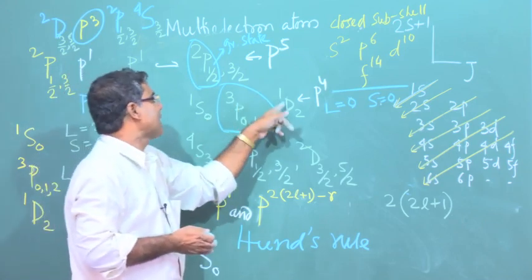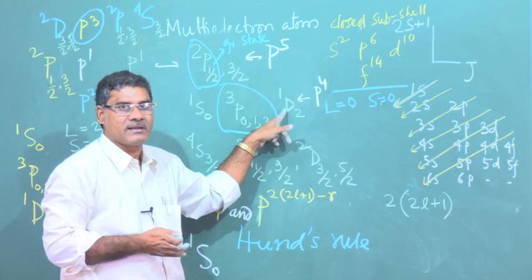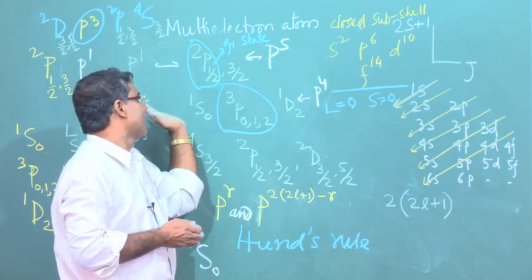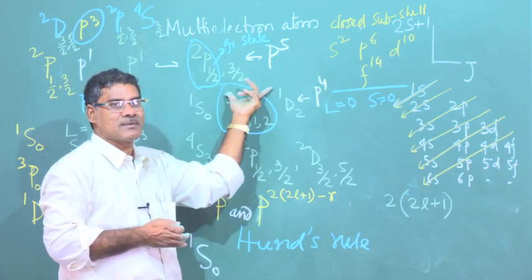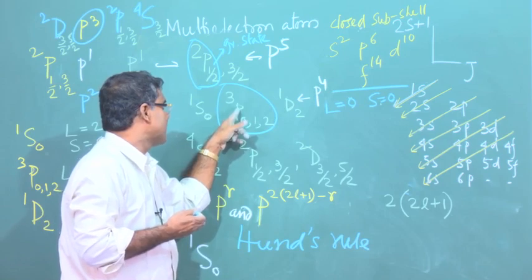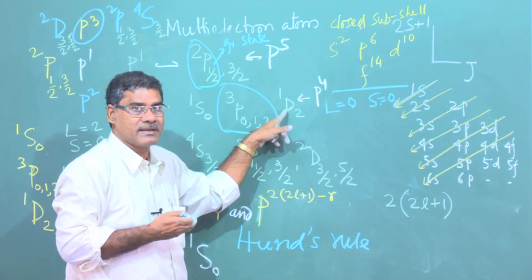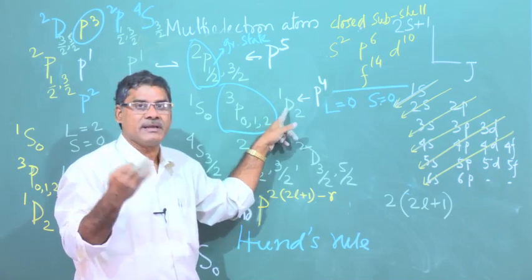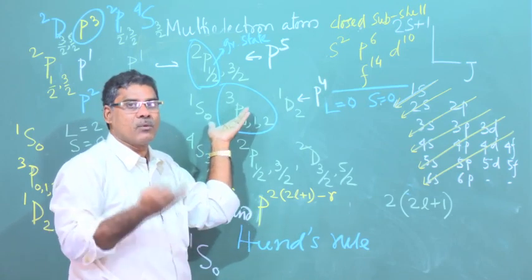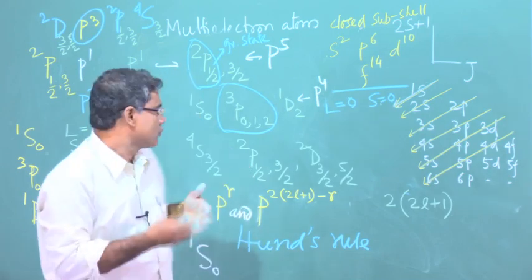Now here you see I have only one L. If another term would be there, say 3P and here also 3D kind of thing, then maximizing S means out of them 3 would be the maximum, then I have to maximize L. So whether I consider P or D: if it is 3D, then I will consider D. Since here I do not have any choice, only one term, only one L value, I have to choose this.